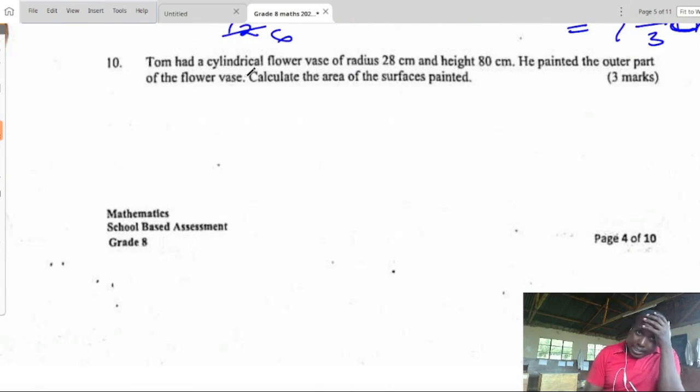Tom had a cylindrical flower vase of radius 28 and height 80. He painted the outer part of the flower vase. Calculate the surface area painted. You see it is a cylinder.